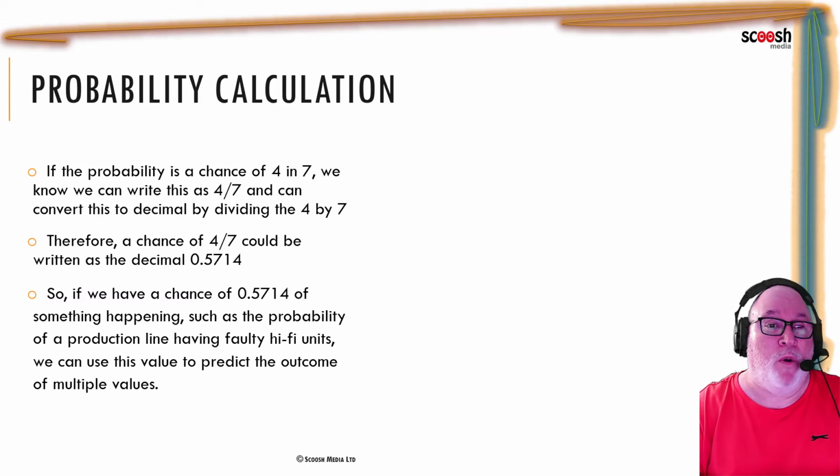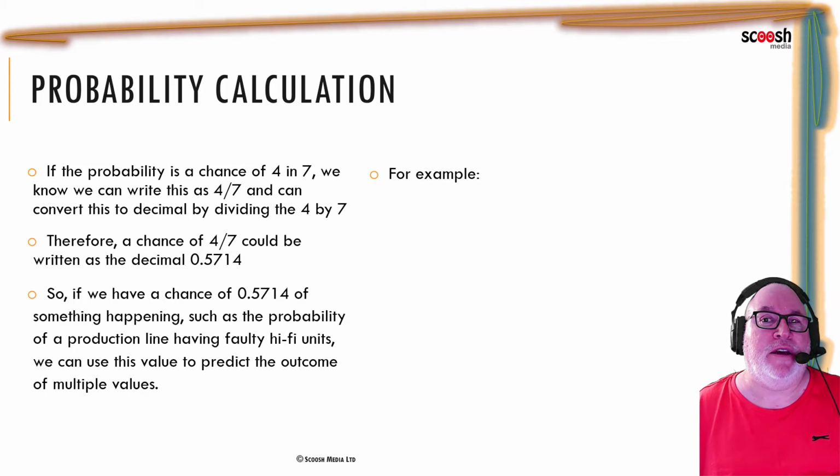But if we were working on that, we can use this value to predict the outcome for multiple values. So we can do what ifs. So what if the production line were to increase? So let's have a wee look at some examples here.